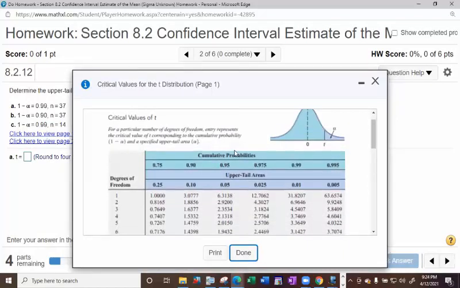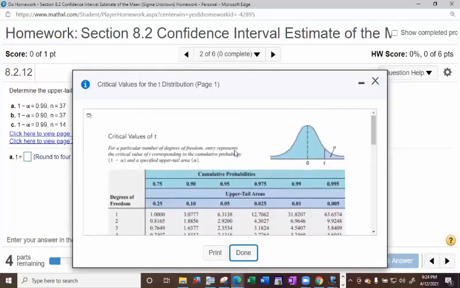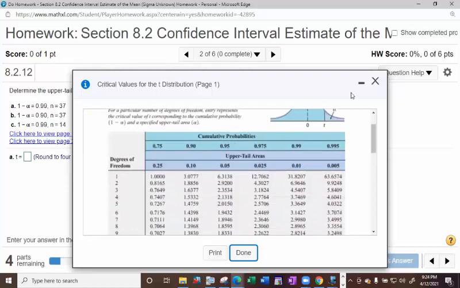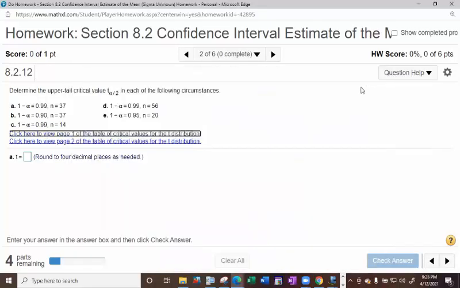Yeah, the cumulative probabilities and the upper tailed areas make it hard to figure out what you're looking for. Mine's much easier because it just straight out says confidence interval. But my chart goes a few pages. So you can find these values for 37, well, actually, they'll be 36 degrees of freedom, and 56.